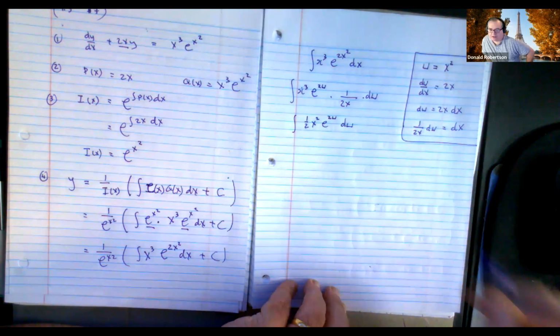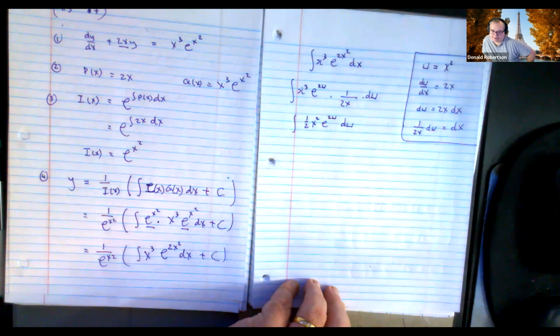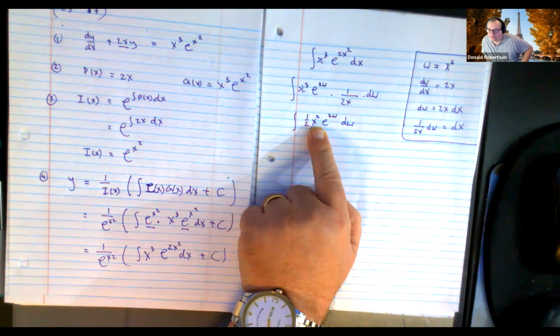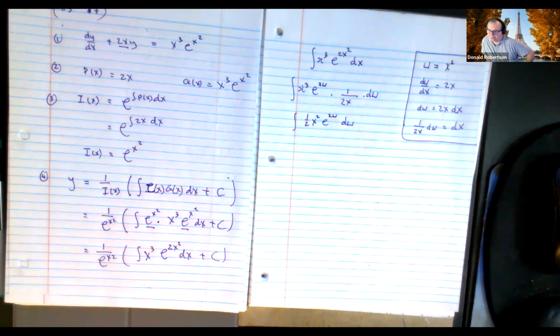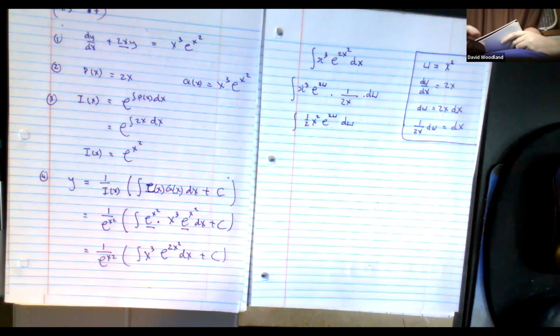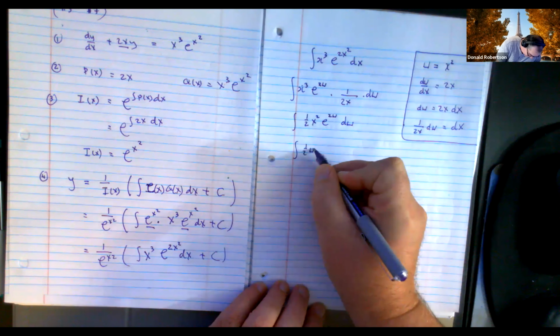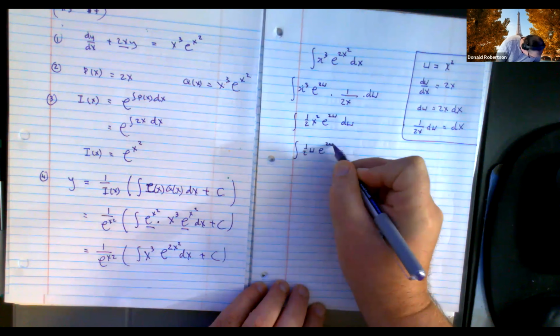And you might think, oh dear, I've got an orphan x squared left over. That normally means I've screwed up, but it doesn't mean you've screwed up this time. What can you replace the x squared with in terms of u? U. So what you've now got is 1/2 u e to the 2u du.